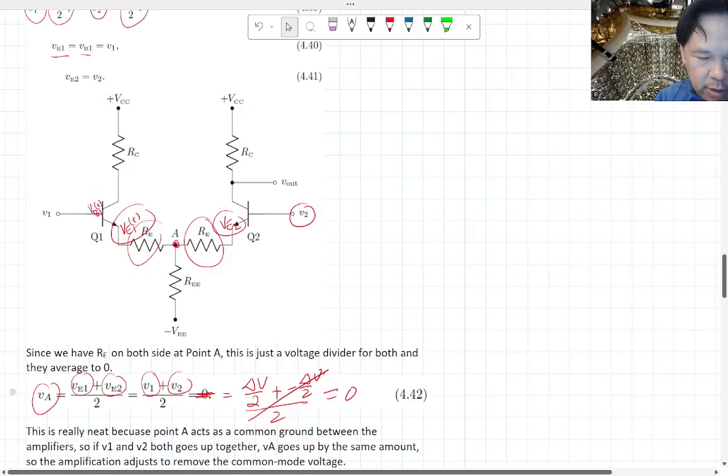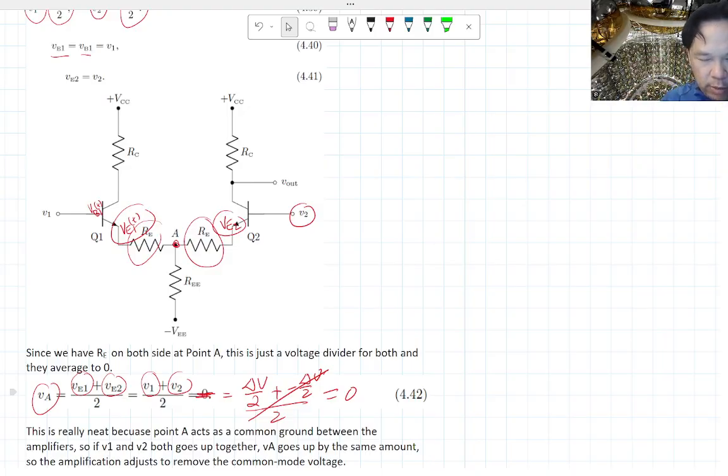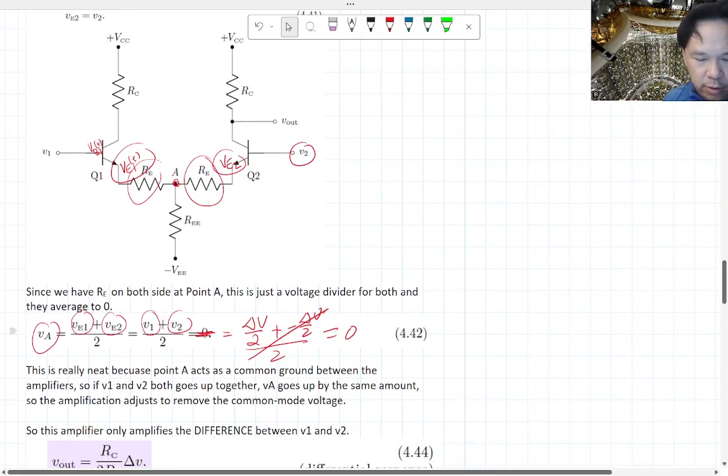So this is sort of interesting. It basically forces this point A to be a virtual ground for the difference between the two amplifiers, which is a neat thing you can do with just resistors.